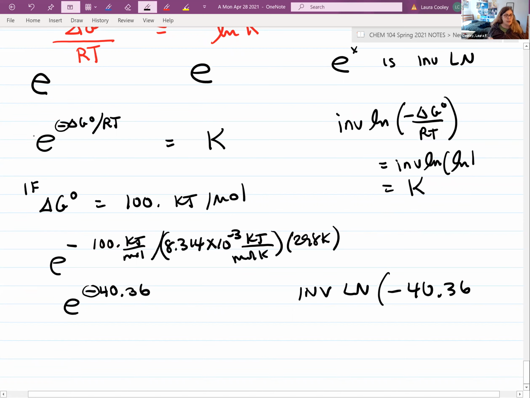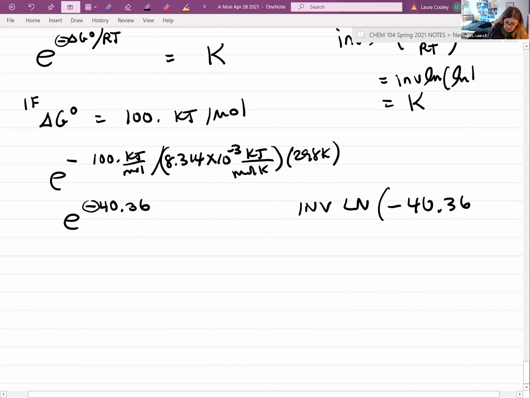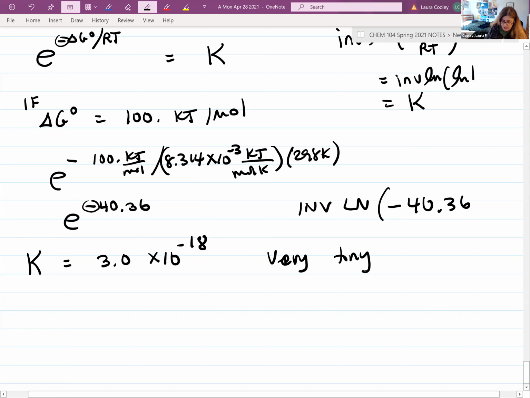If it were negative, you'd have to cancel those negative signs. I'll show you that next. So look at this number that comes out here. This K is 3 times 10 to the negative 18. That is tiny, very, very tiny. So that basically says this reaction pretty much doesn't go forward at all.